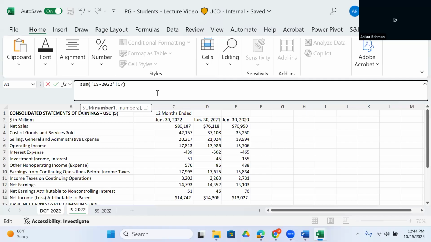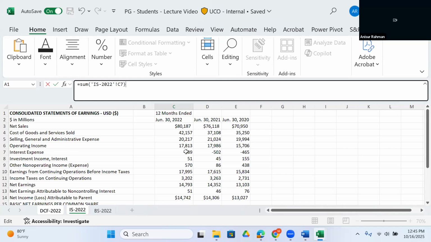Close parenthesis. Now, one thing I would like to mention here, be careful about the signs they are using. Different companies follow different conventions. For example, here they have used a negative sign because it is an expense, but some companies may use a positive number even for an expense in their financial statements.